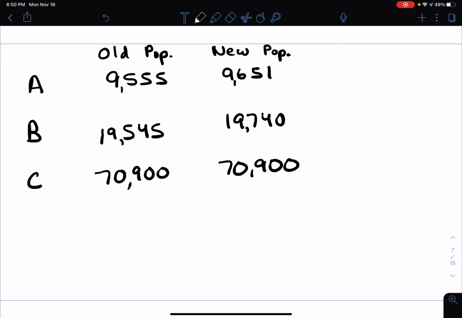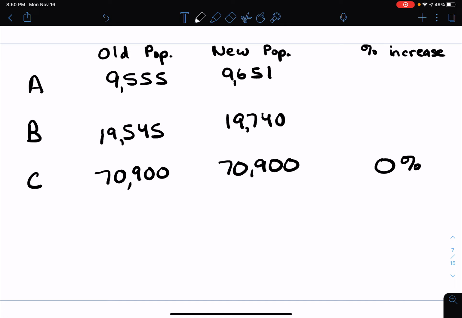All right, so let's look at the rates of increase, the percentage increase in the population growth. State C didn't change, so there was a 0% increase there. We'll just take note of that and keep an eye on it. But let's do a little bit of math.